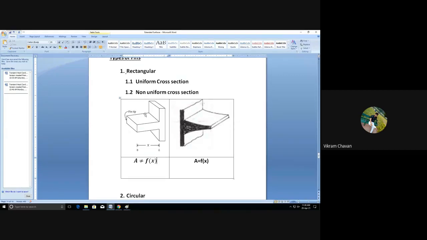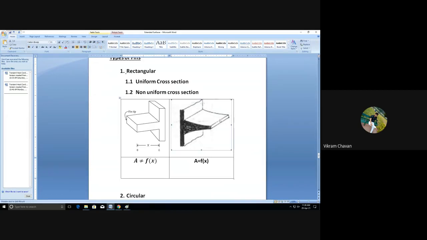So over the total length of the fin, the cross section remains constant. And rectangular means its cross section is a rectangular one, so it is called a rectangular uniform cross section fin.